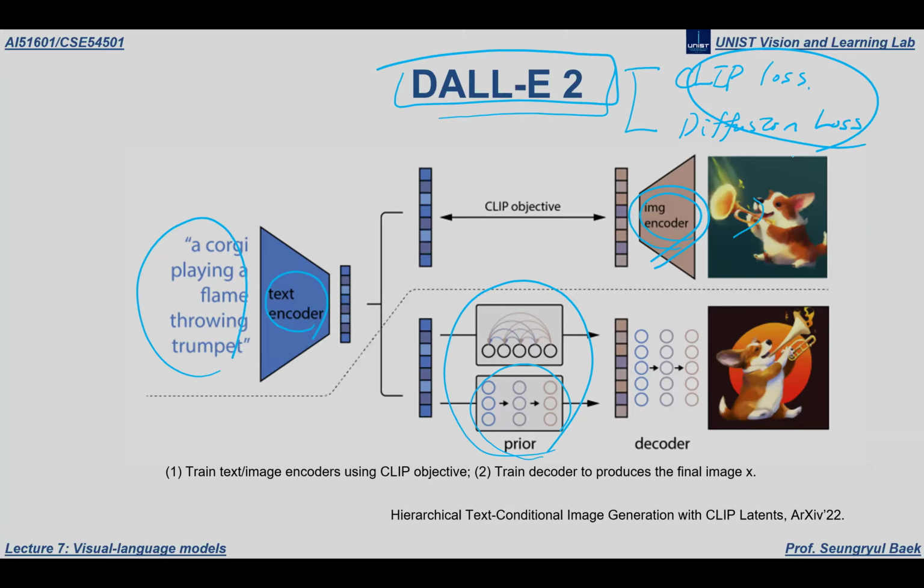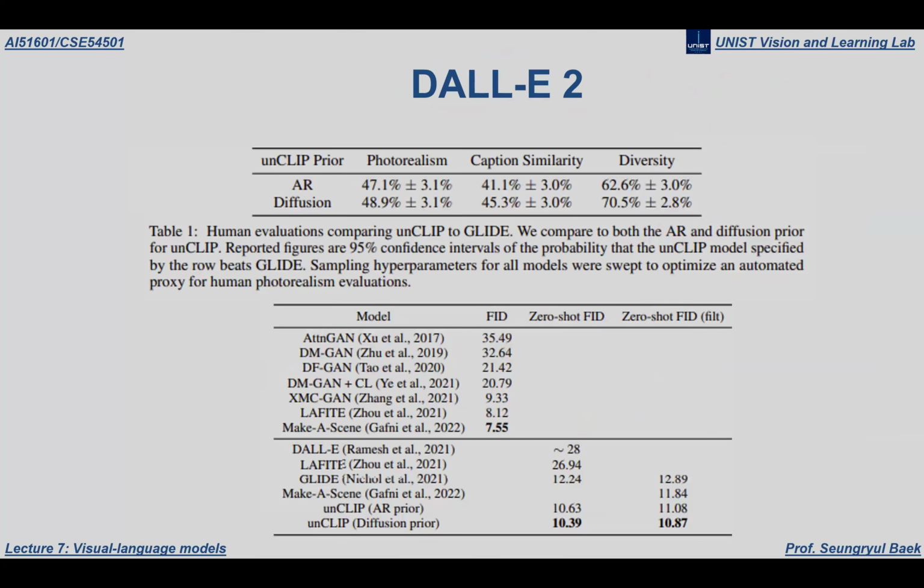And also, of course, they are using many samples, but they train the text and image encoder using the CLIP objective and train the decoder using the diffusion loss. Okay, that's DALL-E version 2. So here they are using two types of prior, autoregressive and diffusion prior, but the diffusion prior is producing better accuracy.